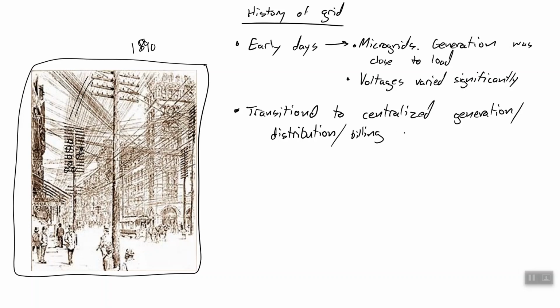Okay, and this actually happened because of the gaslighting industry, which also followed this very similar business model. So it's really because of gaslighting that we have the utilities the way we do now.